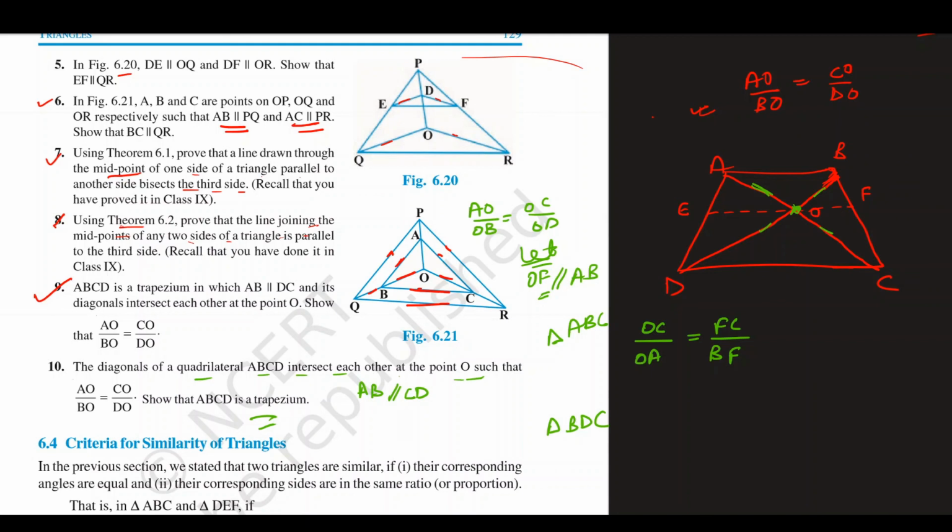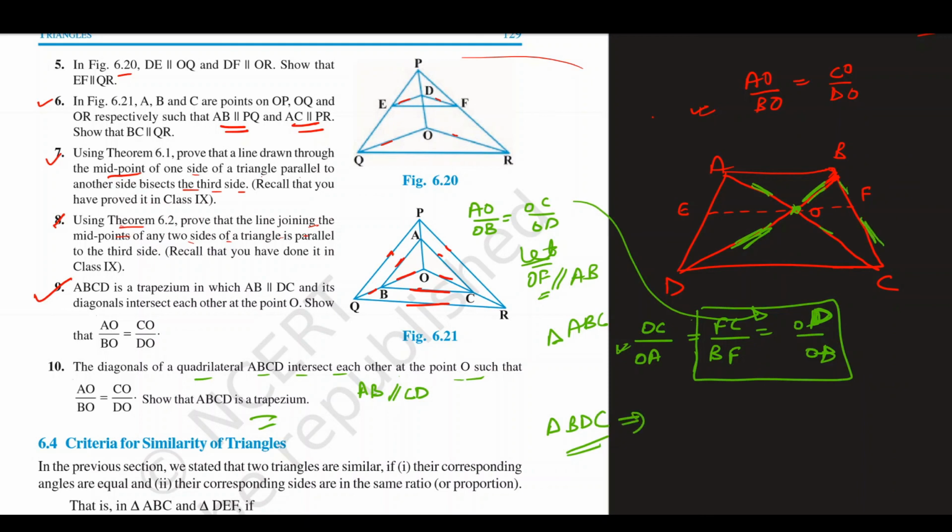So we know that OC upon OA is equal to OB upon OD. From this, just rearrange the terms. OC upon OA is actually OD upon OB. So in this triangle, OD upon OB is equal to FC upon BF.